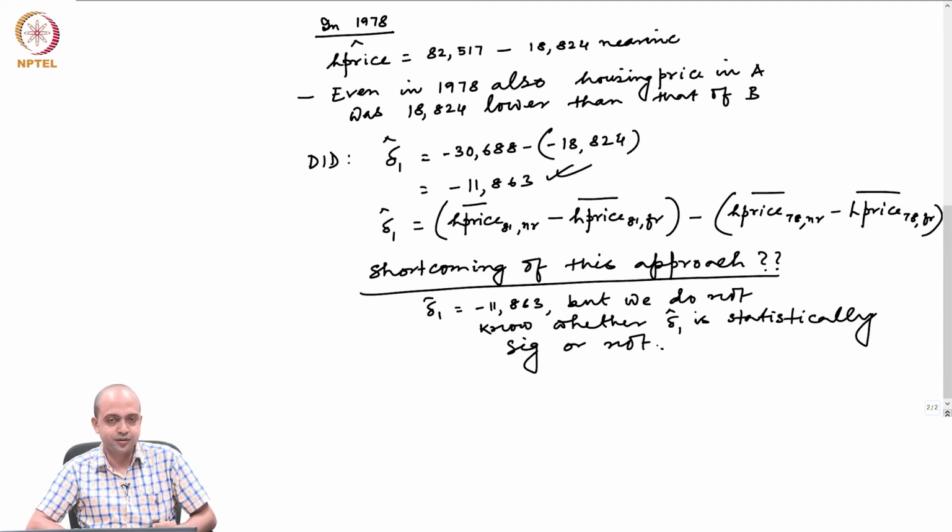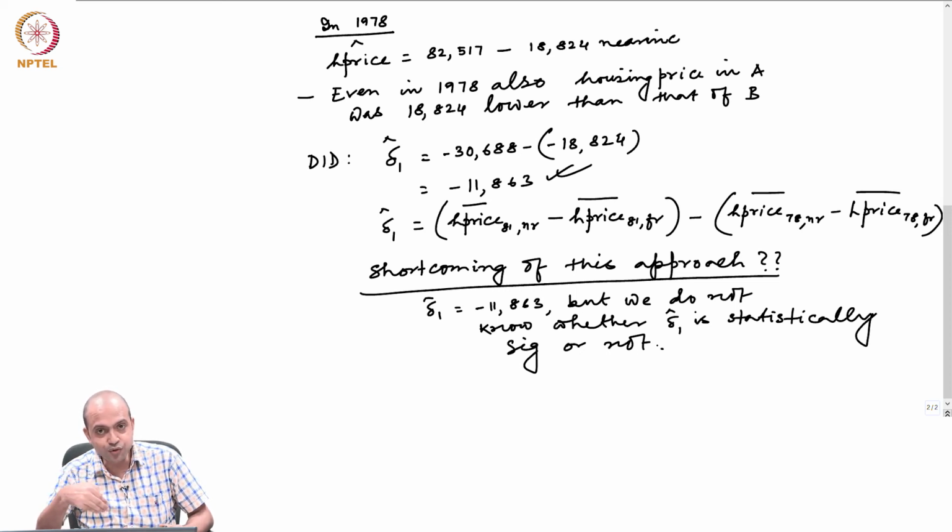So, to get the statistical significance, what to do? We have to combine these two equations into a single equation where we need to introduce two dummies. One is a year dummy, that means there are two periods, one is 78, another one is 81.